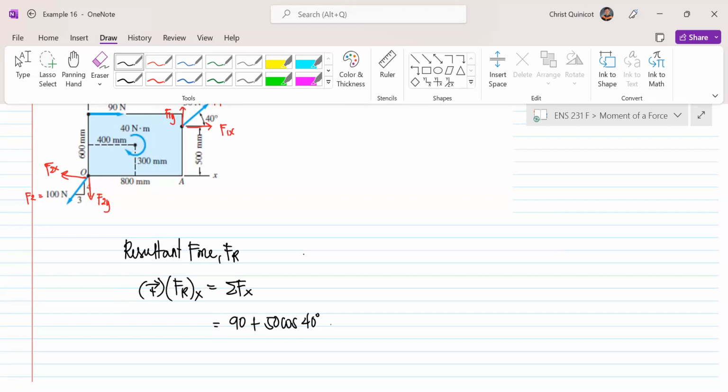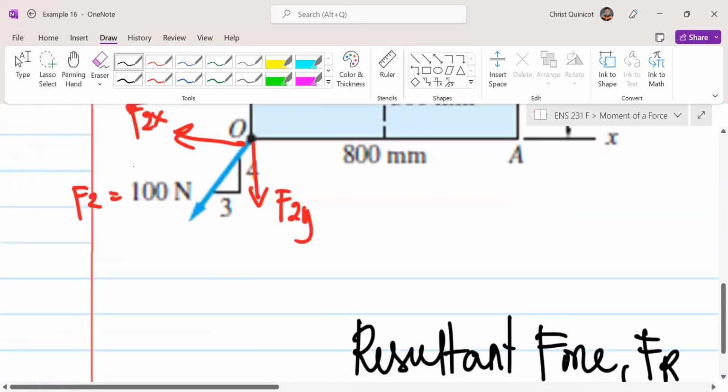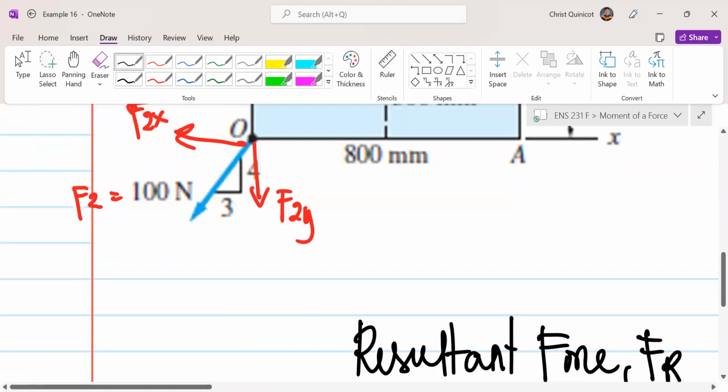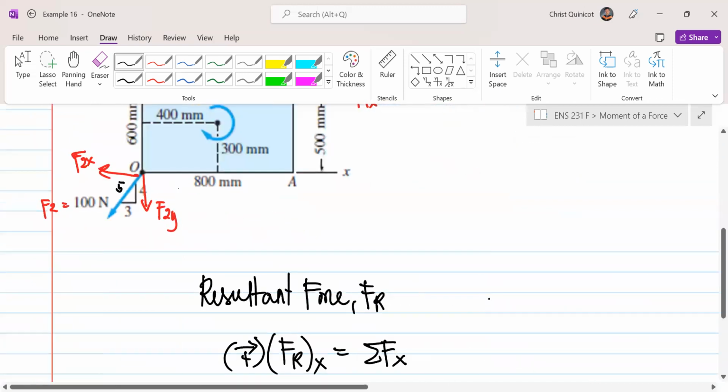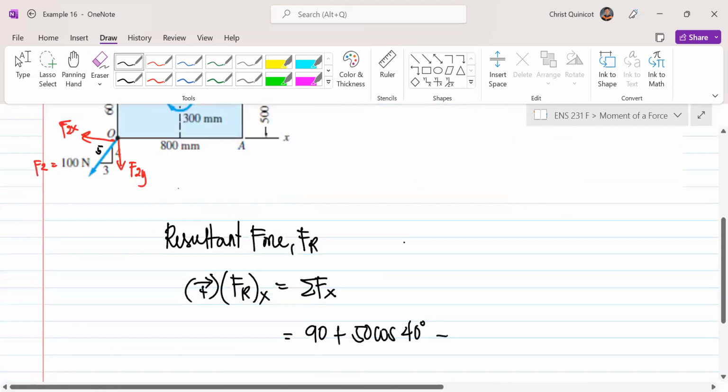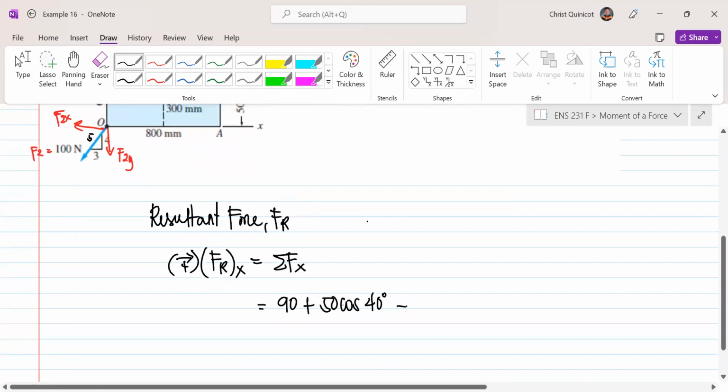And lastly, we have minus F sub 2x, which is, if you can observe, our ratio is 3, 4. So it must be that our hypotenuse is 5. So we have 3/5. That is 100 times 3/5.